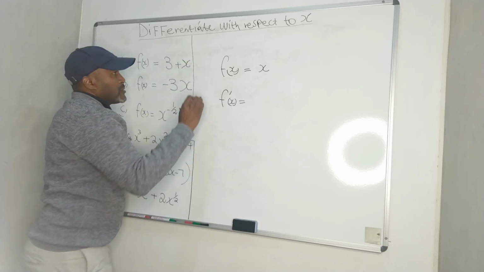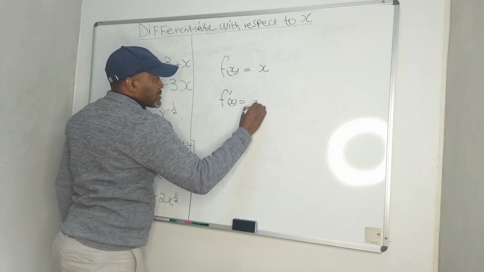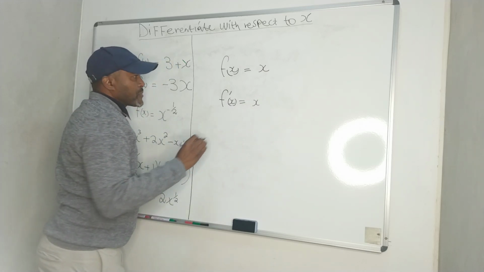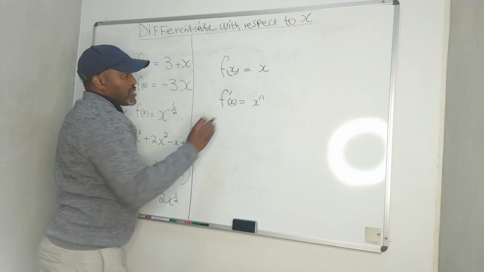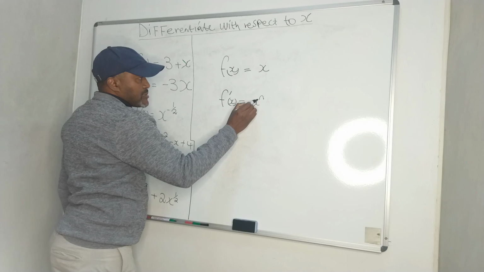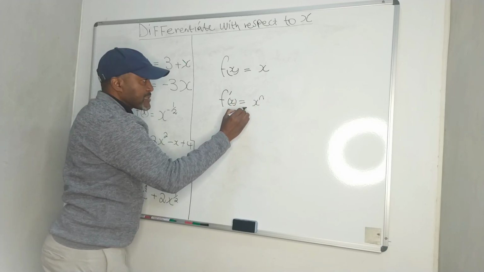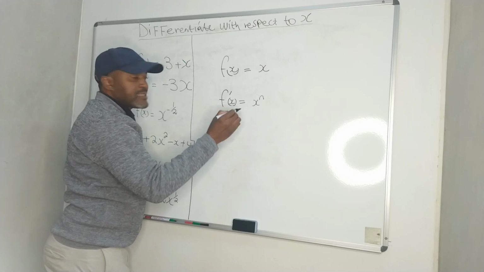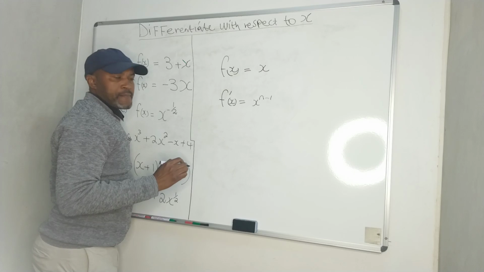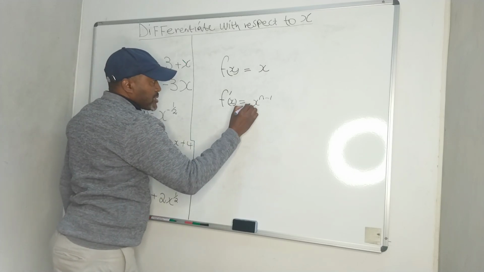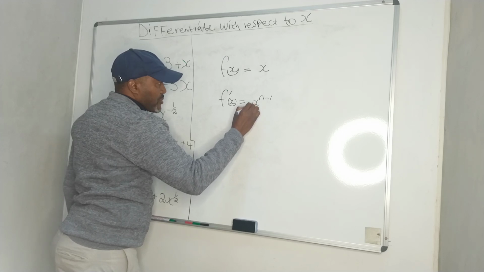Okay, all right. So the formula here says x raised to n, and that n should come and multiply the coefficient of x, and again that n you should write minus 1 always. So when it comes here, it's going to be n multiplied by 1.